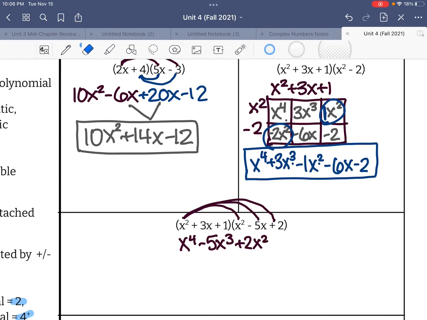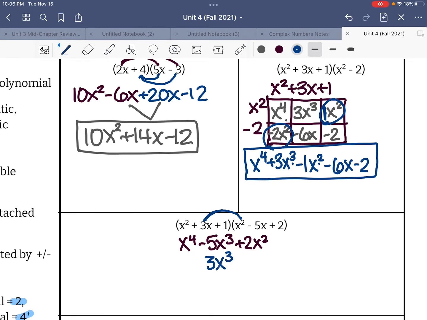Then I'm going to multiply everything by 3x. 3x times x squared is 3x cubed. And notice where I'm going to write that: I'm going to write that underneath the other x cubed.